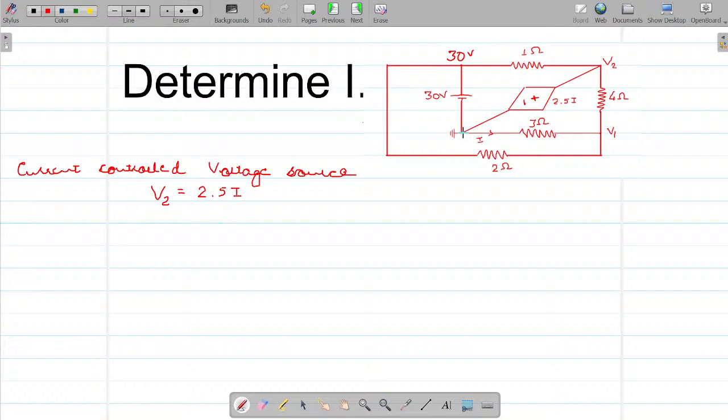See, this is ground, from negative to positive, so this is at a higher potential. So V2 is at 2.5 I times higher potential from the ground. So can I write V2 is equal to 2.5 I? Right? Now tell me what is I?